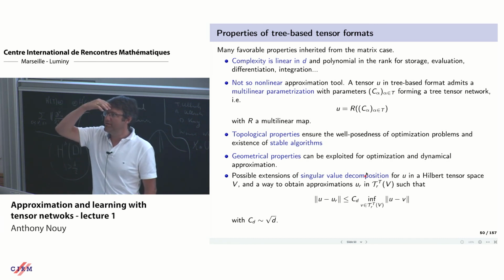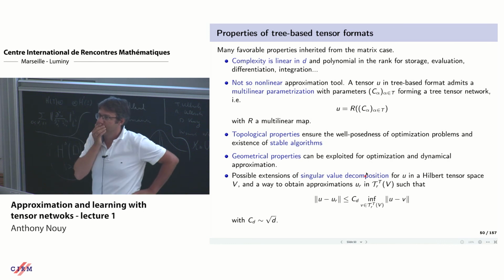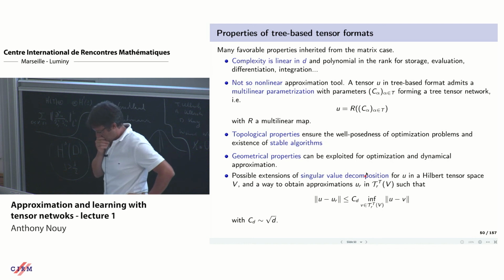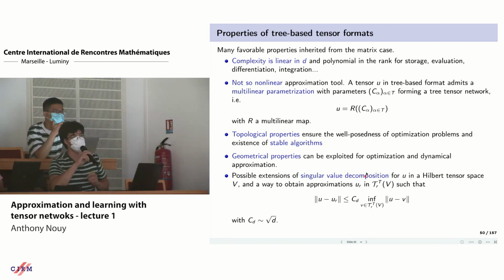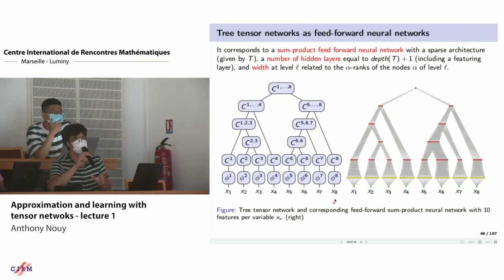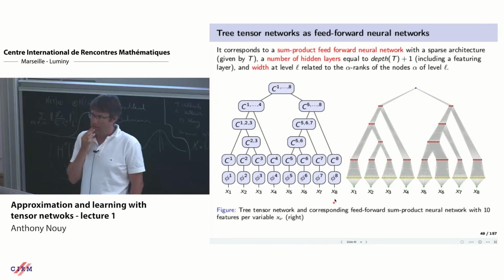Yes, there is a question there. It's related to the previous question. If you take the neural network representation, then can you start from this type of neural network and get a tensor representation?